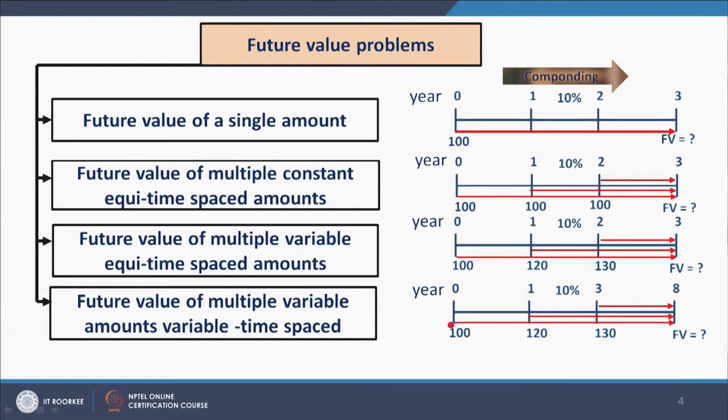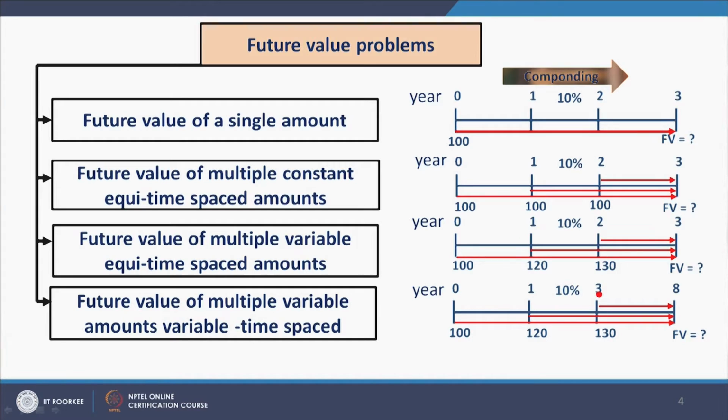The fourth type of problem is the future value of multiple variable amounts, variable time-spaced. Here the value of the amount is also changing and the time spacing is also changing. That is, here at 0 time I am investing 100 rupees, at the end of first year 120 rupees, and at the end of third year I am investing 130 rupees.